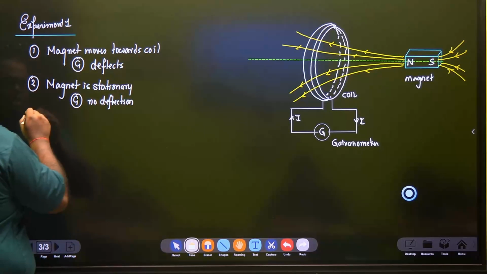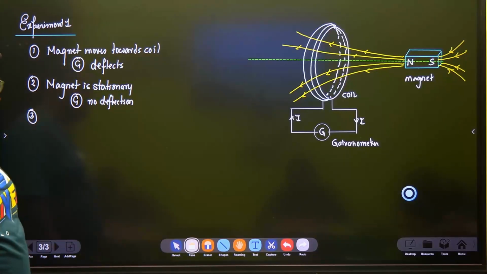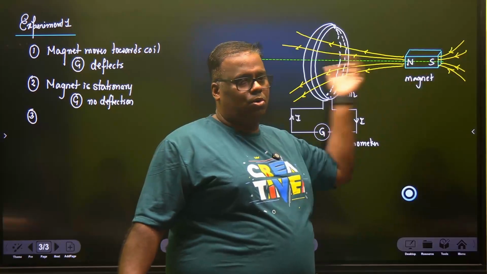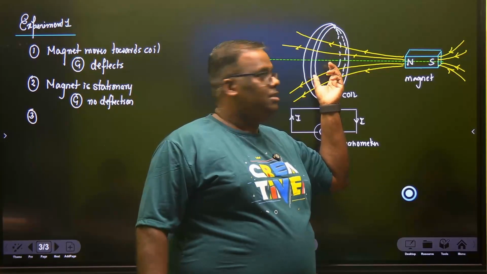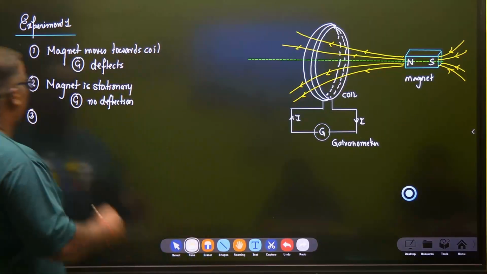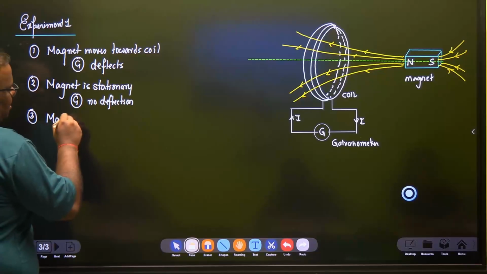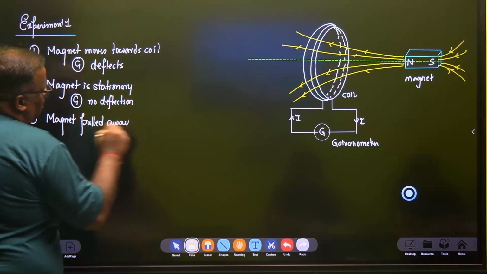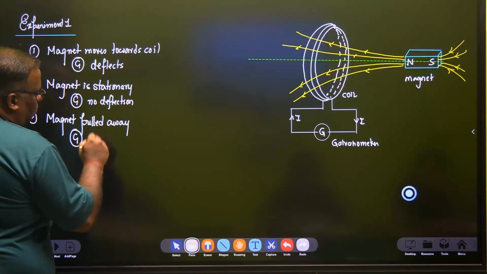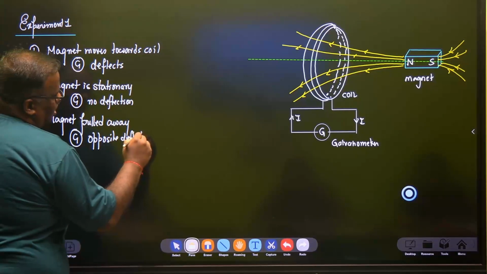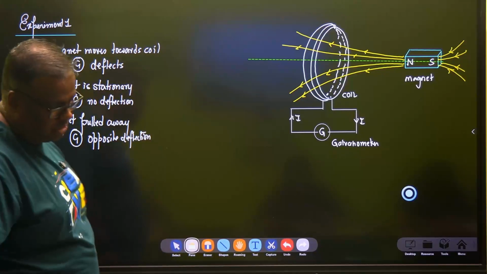Third, the magnet is pulled away. G will show what? Opposite deflection. G shows an opposite deflection.